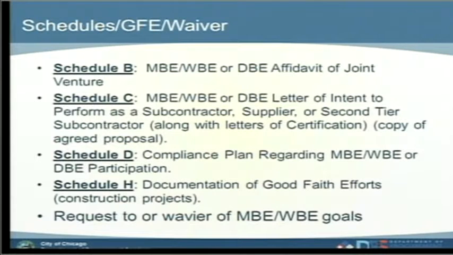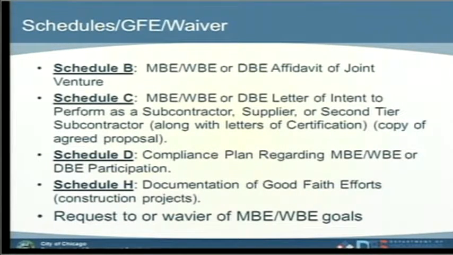A Schedule C is a minority, woman, or disadvantaged business enterprise letter of intent to perform as a subcontractor, supplier, or a second-tier subcontractor, along with the letters of certification and a copy of an agreed-upon proposal, meaning what you are going to do and what project you're going to be doing it for.